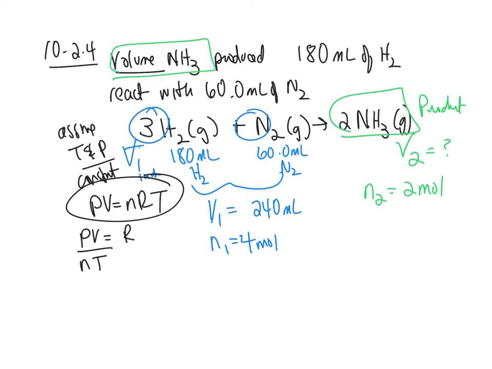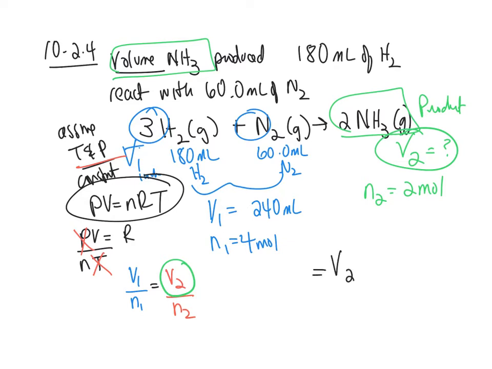And then we get to hold temperature constant and pressure constant. So now we have V1 over N1 equals V2 over N2. And we're solving for V2, so we've got to isolate V2. So V2 equals N2 over N1 times V1.